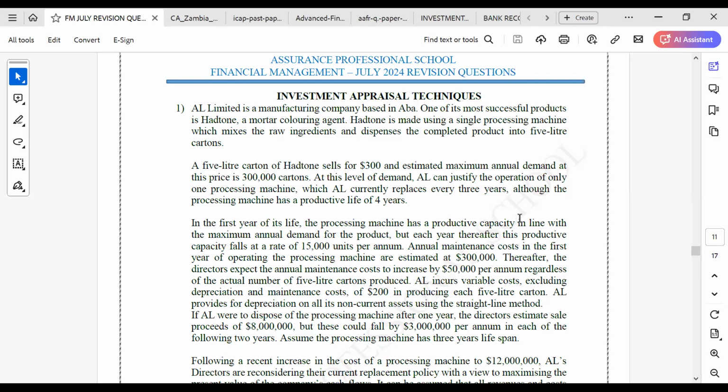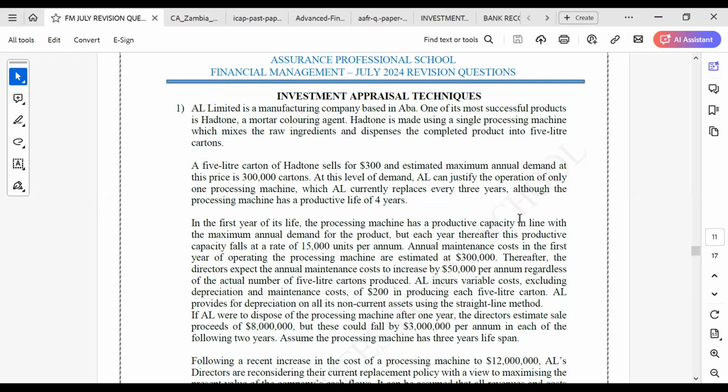In the first year of its life, the processing machine has a productive capacity in line with the maximum annual demand for the product. But each year thereafter, this productive capacity falls at a rate of 15,000 units per annum. Annual maintenance costs in the first year of operating the processing machine are estimated at $300,000.